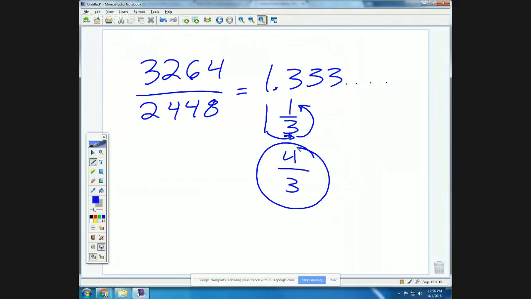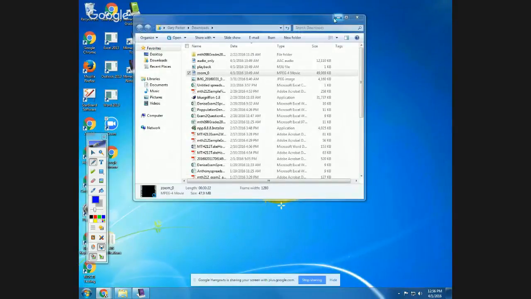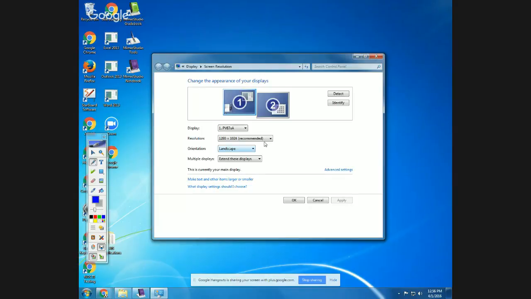Now that is a ginormous image. It's more pixels, I think, than are available on the screen. Let me check. You guys know how to check your screen resolution on a computer? To check your screen resolution, right click on the desktop and then choose screen resolution. How about that? It says the screen resolution here is 1,280 by 1,024.